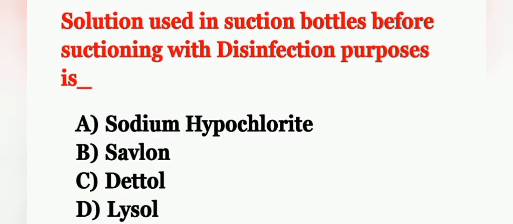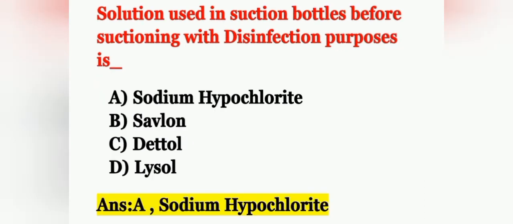The next question, which solution is used in suction bottles for disinfection purposes before suctioning? Option A sodium hypochlorite, option B Savlon, option C Dettol, option D Lysol. The correct answer is option A sodium hypochlorite.